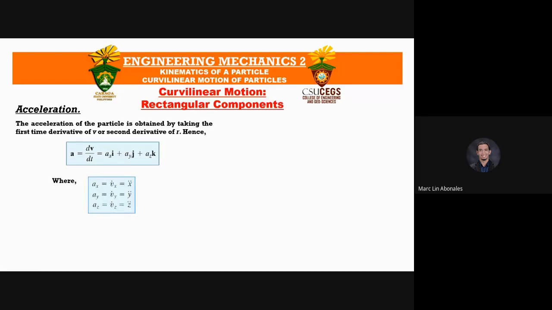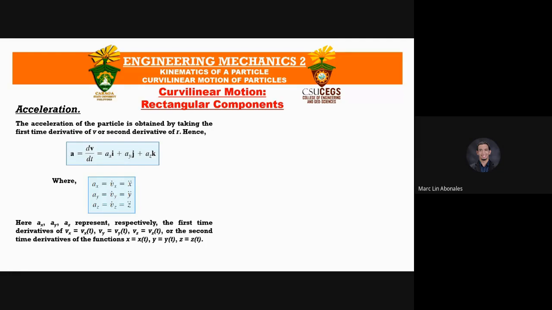And that is the representation in dot notation. The first dot notation of the three components of your velocity is equivalent to the components of your acceleration, or it could be the second dot notation of the components of your position vector, which are x, y, and z. So one dot means first derivative only. Two dots means second derivative, or differentiating twice.